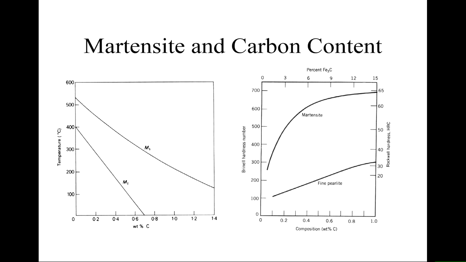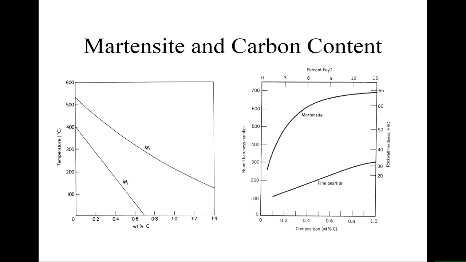And what we've plotted here is those temperatures against the amount of carbon. So for a very low carbon steel, martensite actually does start forming at high temperatures, more than 500 degrees C, and it finishes by the time you get down to 400 degrees C. But as we increase the amount of carbon, the temperature at which you start and finish the formation goes down.